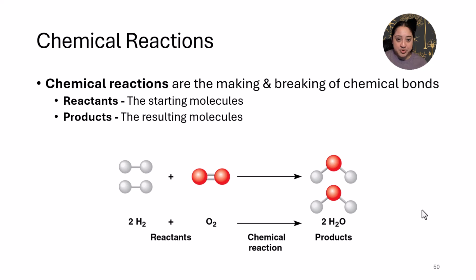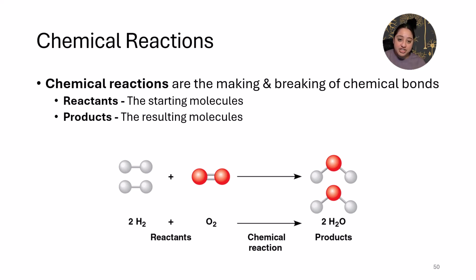So chemical reactions are the making and breaking of chemical bonds. Sometimes atoms will hang out together and then form a covalent bond, and now they're a molecule. So that's a reaction. And if you were to break them and reform them, that's another chemical reaction.